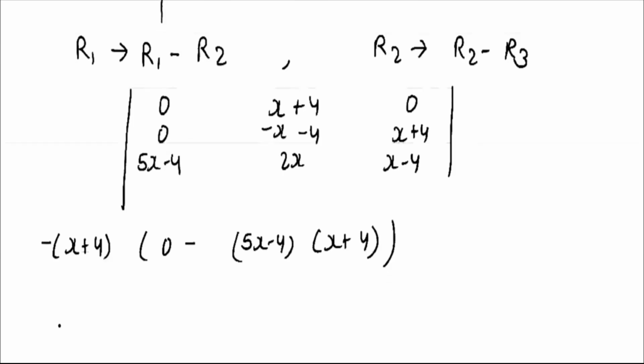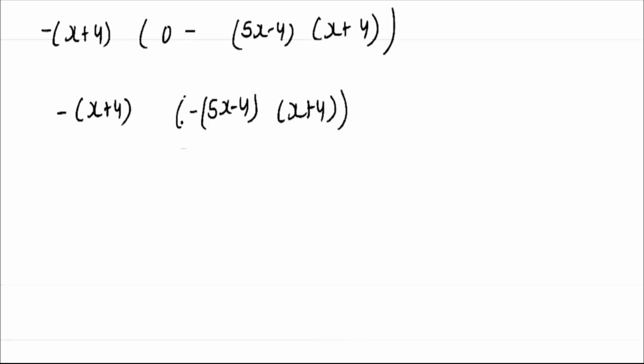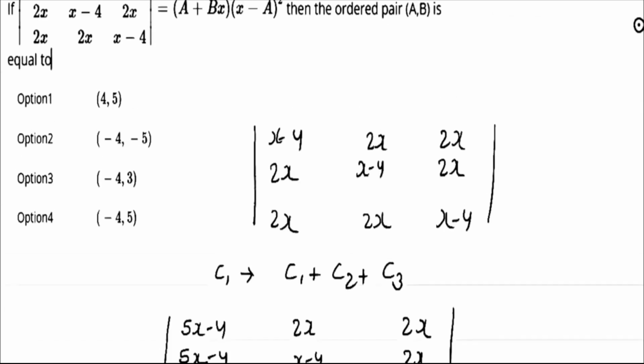So just solve this. Minus x plus 4 into minus 5x minus 4 into x plus 4. So just multiply this. We will get 5x minus 4 into x plus 4 whole square, because minus into minus will be plus. Now just see, in the question we have been given the value of this determinant as a plus bx into x minus a whole square.